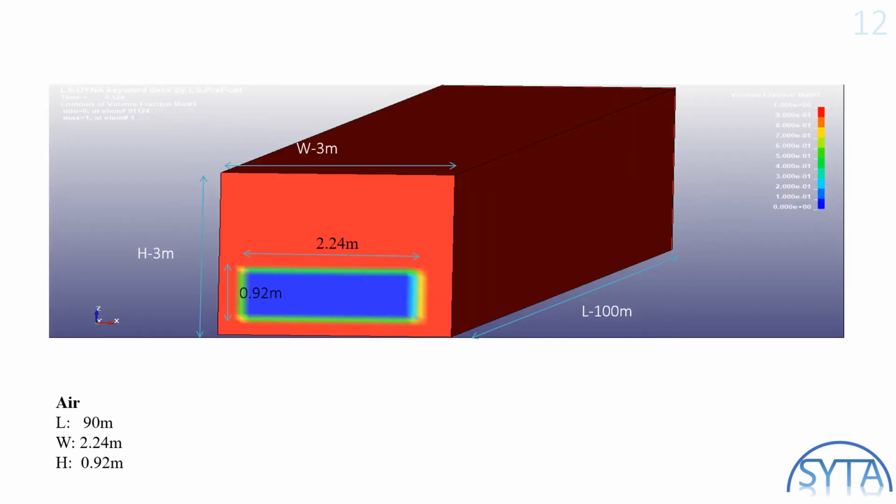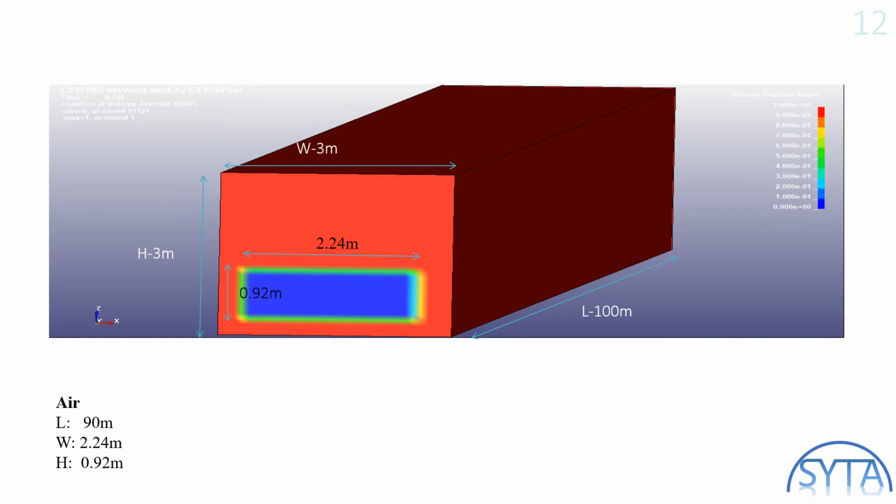This red box is the geometry of my model, which has a height of 3 meter, width of 3 meter, and length of 100 meter. This red box of my geometry model is also considered as basalt rock. In the red box, there is one small box which is blue in color, which is the air column, with dimensions 2.24 meter in width, 0.92 meter in height, and 90 meter inside the red box.